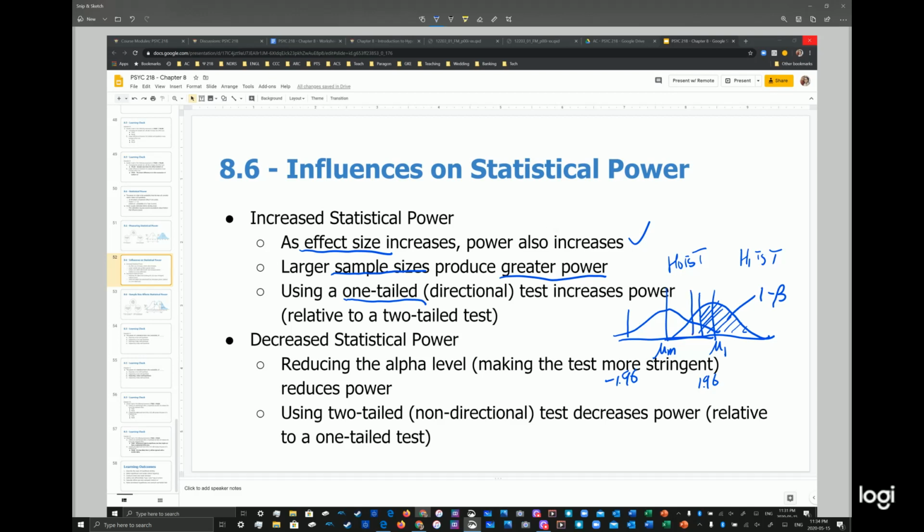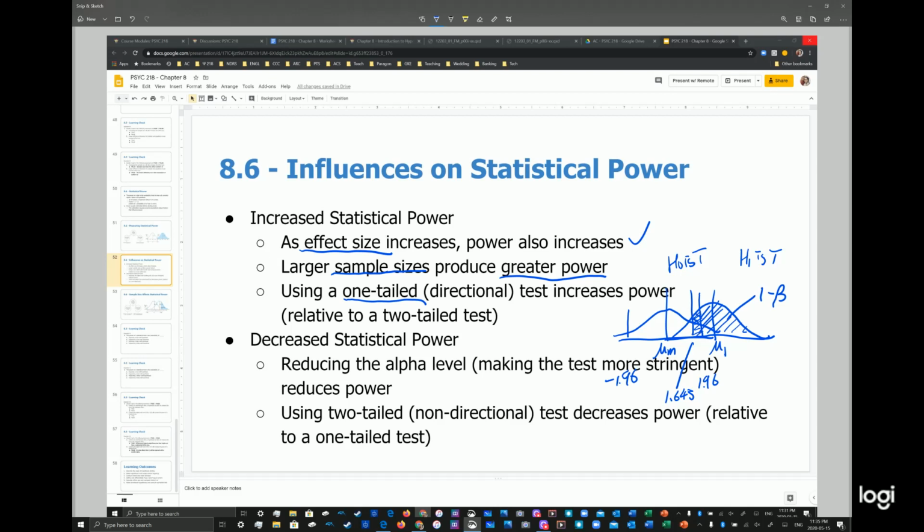So you would use a one-tailed test, and the critical value for a one-tailed test, if alpha is set at 0.05, 5%, would no longer be 1.96, but 1.645. Therefore, because the critical value is closer to the left, you're going to have a larger body portion in the alternative distribution.